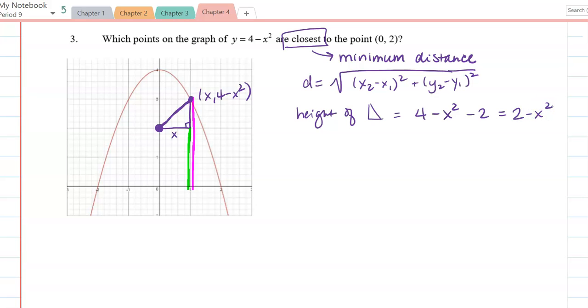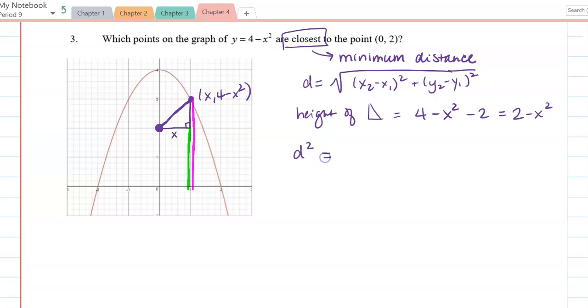Okay, so then the next thing we have to do is figure out the distance between the point 0, 2 and this point over here, because the question asked us for the closest point. Now, here's an interesting idea: if you have this distance that you're trying to minimize, you may as well consider distance squared, and it's an easier approach, because minimizing d is exactly going to give the same value as minimizing d squared.